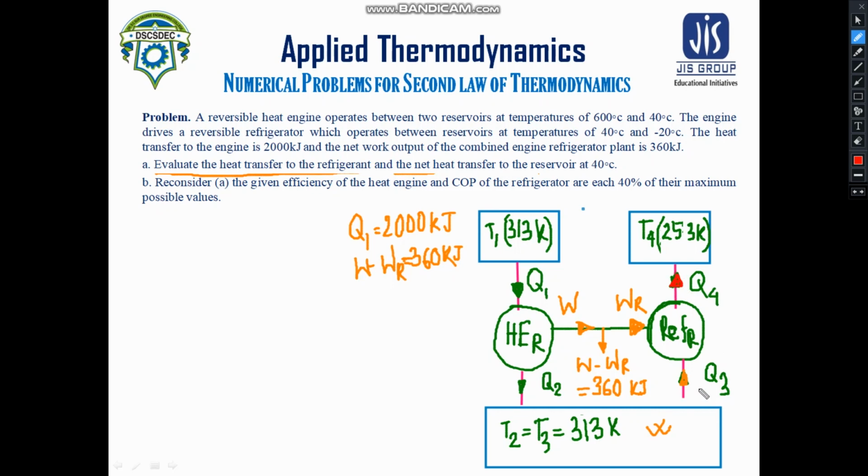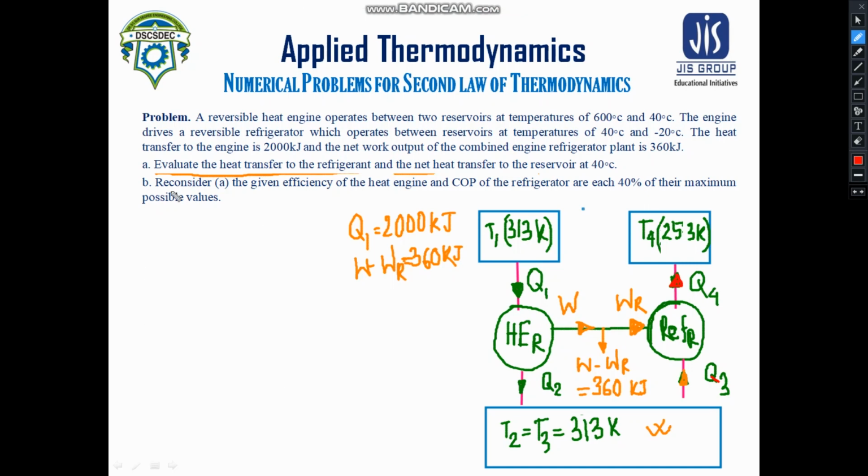So you need to calculate this Q3, along with the sum of Q2 plus Q3. So these two you need to calculate. So let us first try to find out how we can calculate this Q3.